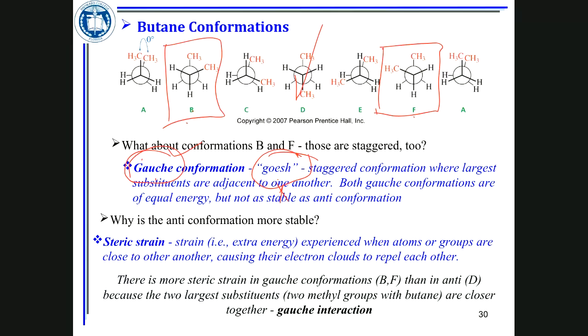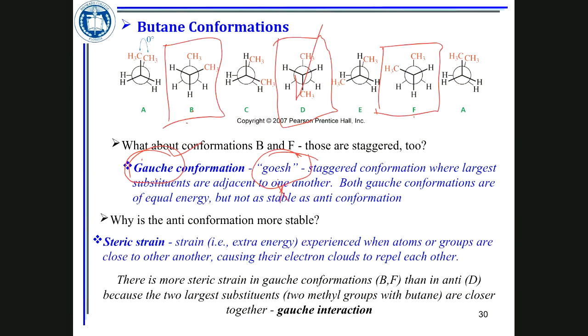So we looked at the total eclipse. So we have eclipse, we have anti, and we have the Gauche conformation. A Gauche conformation is when you have the staggered, but it is not anti. Anti is D. Yes, D is anti, in the opposite position.